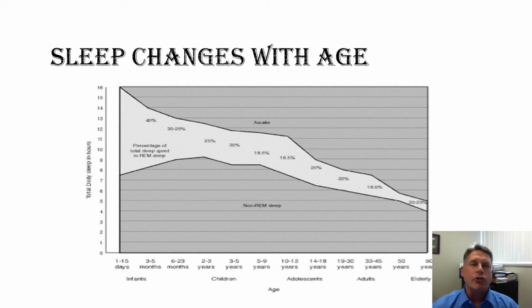Now, infants, especially newborns, don't sleep continuously during this time. They tend to sleep and then wake up, and then sleep and wake up, and they eat and then fall back to sleep, and things of that sort. If you understand the breakdown of what you're looking at, approximately 8 hours of their sleep is REM, and approximately 8 hours of their sleep is non-REM.